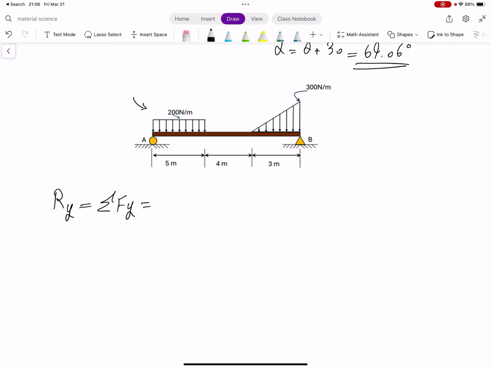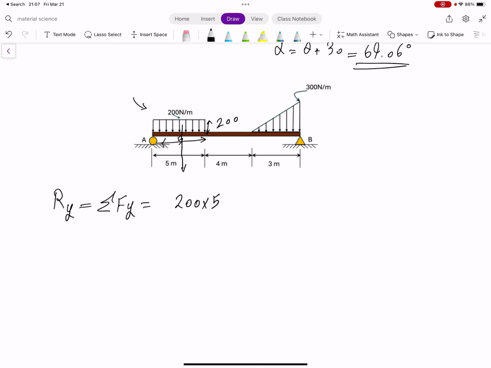So this side length is 200. Now this side is 5, right? Area is going to be 200 times 5, and it's going to be in the center, right? We said it. The rectangle is easy. The force that you calculate, you have to place it in the center of the rectangle.